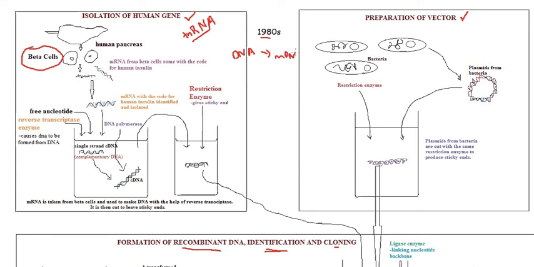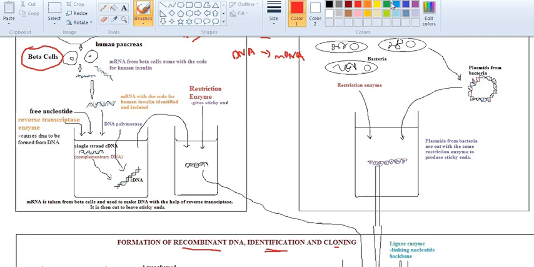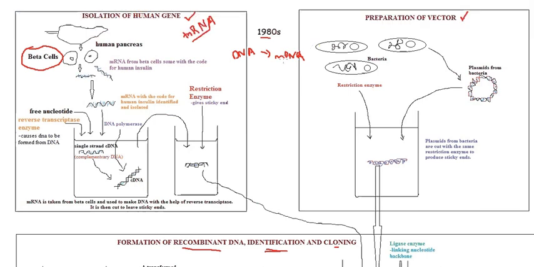It is called transcription, the mRNA transcription in protein synthesis. Now the reverse of this takes place in the production of human insulin. So this goes in reverse. And how does it go in reverse?